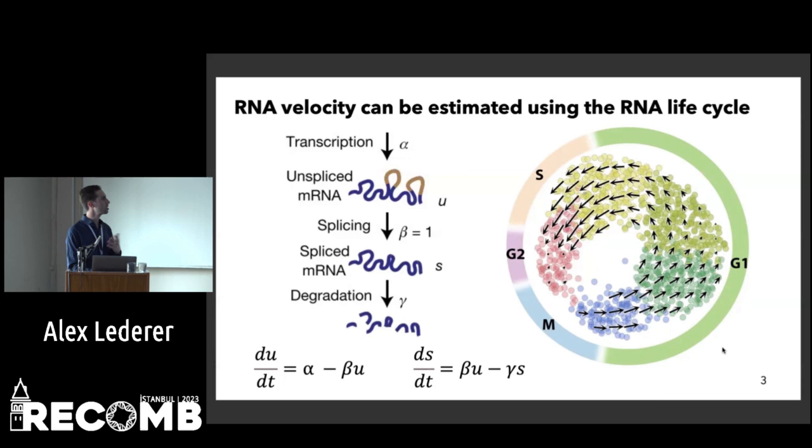In this case, I'm showing some single cells that are undergoing the cell cycle. So they're progressing from G1 to S, G2, and M. And likewise, the velocity suggests that there is a progression in gene expression space of those cells along this known biological process.